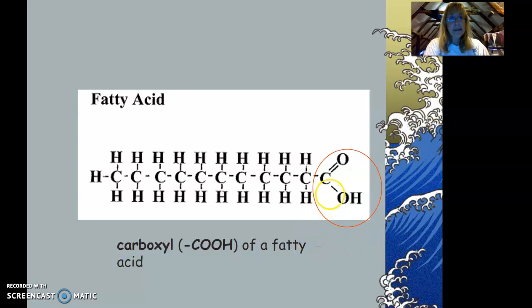It's got the C double bond O and the OH. So that is the carboxyl end of the fatty acid. And actually this part of the fatty acid can have all sorts of different combinations, resulting in a lot of variation in the type of fatty acids, and therefore the type of triglycerides you can get.